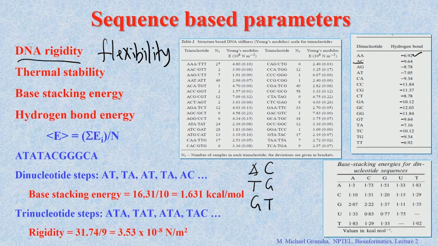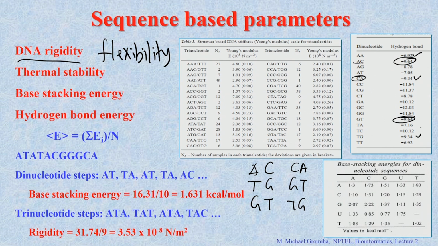So, if you see the AC and the GT, both are the same. Likewise, if you take another one, for example, if you take the AC, or you take the CA, CA is equal to GT, so TG; this is 9.34 and TG is 9.34.